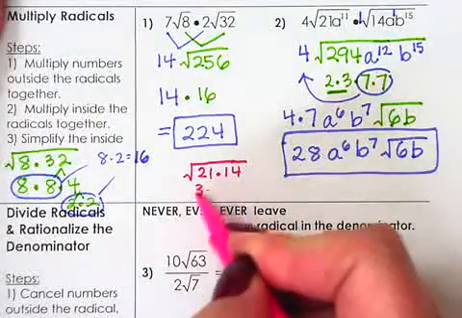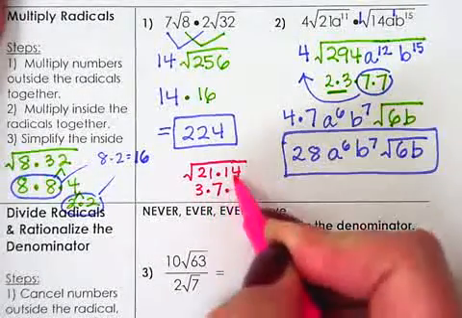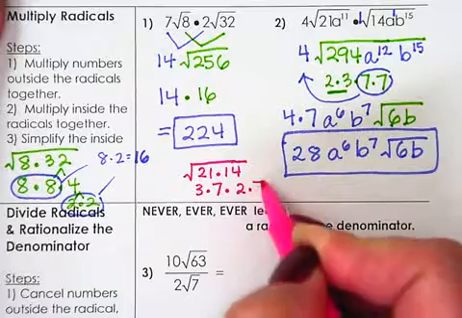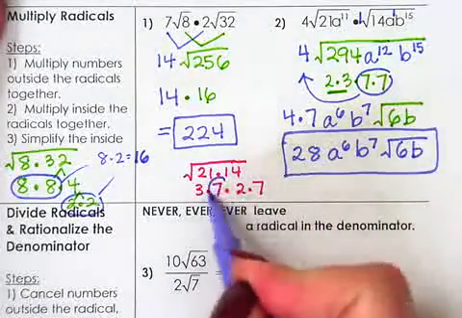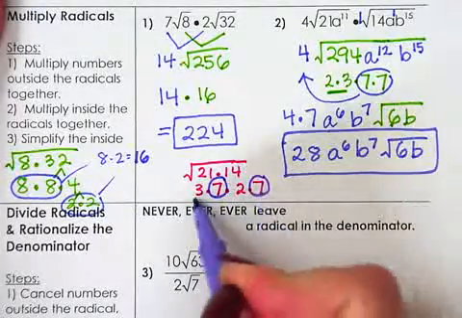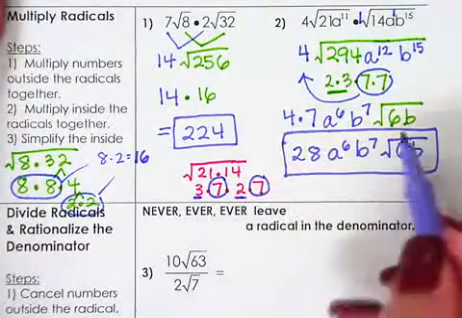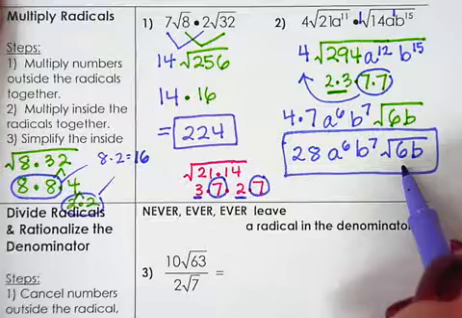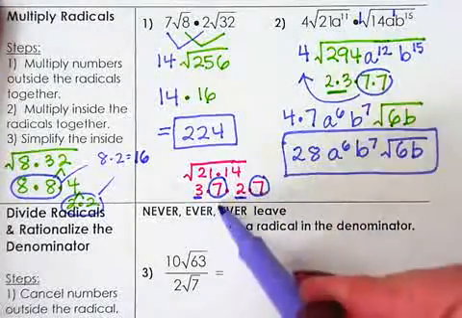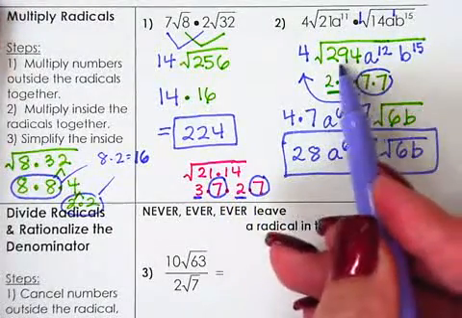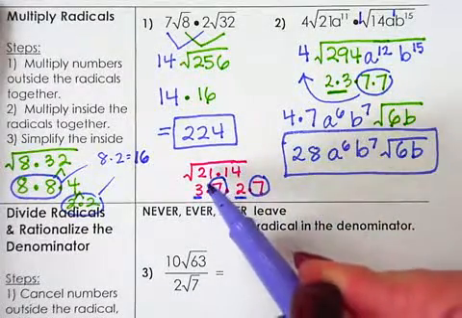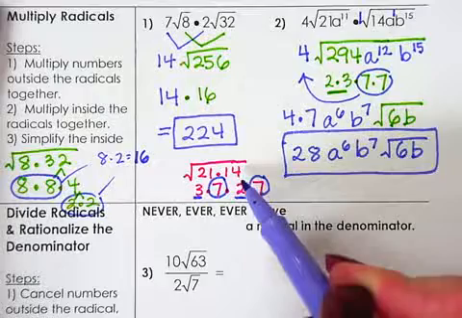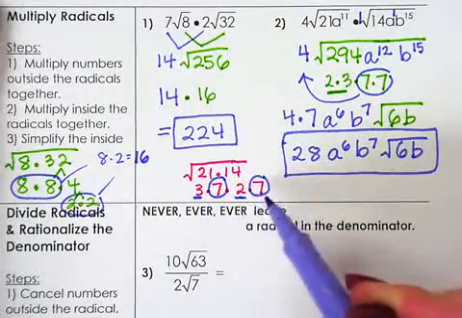So this is 3 times 7, and then 14 is 2 times 7. And that gives me a pair of 7s to take out. And then the 3 and the 2 get multiplied back in to give me that 6. So if you didn't have a calculator, or if you got to that 294, it's such a big number, this would be another way to do it: recognize that 21 and 14 do have a common factor, which gives me a pair of 7s.